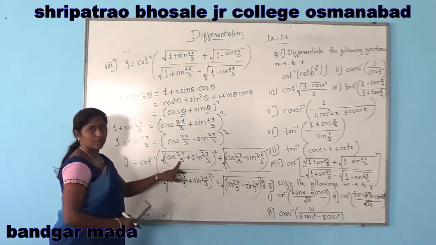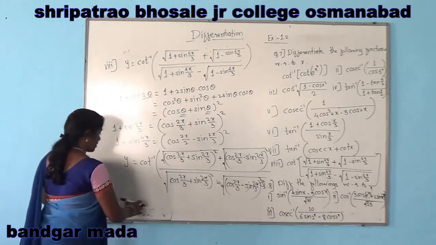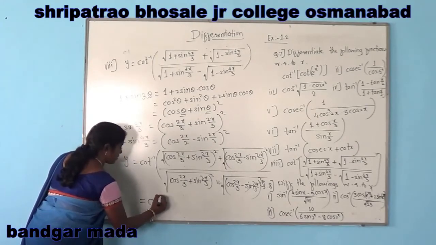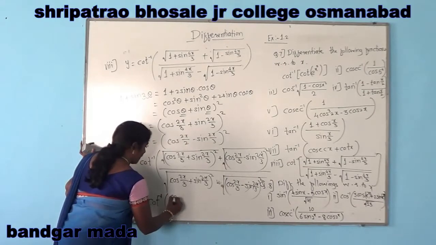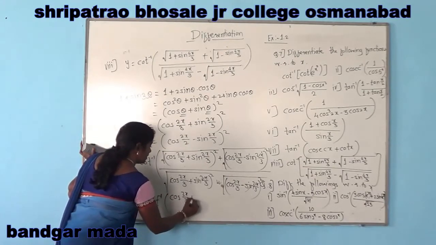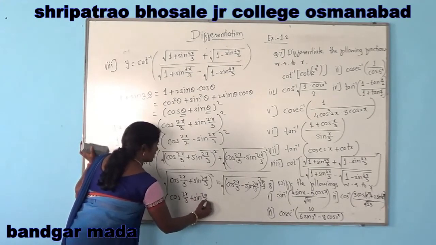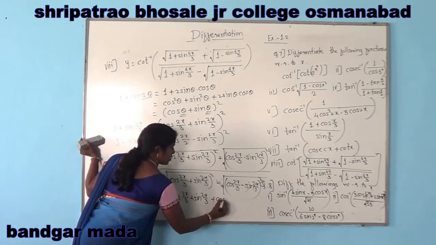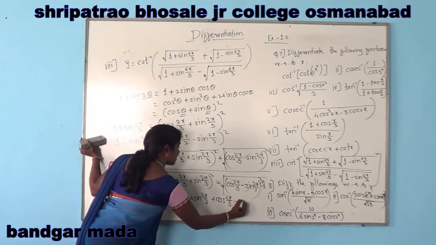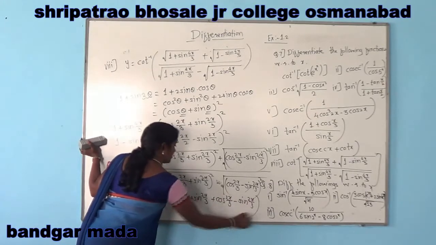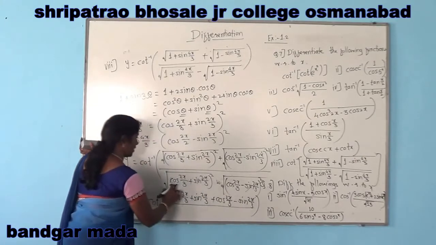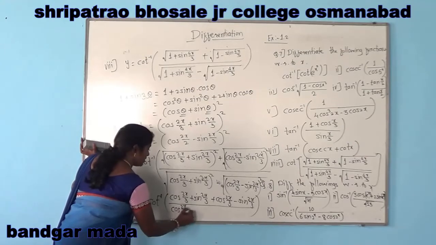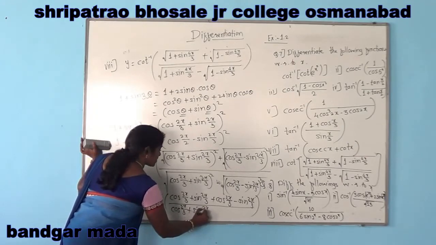Where the square and square root cancel, and we get y is equal to cot inverse of (cos 2x/3 + sin 2x/3 plus, again the square root cancels, cos 2x/3 − sin 2x/3) whole divided by, again square and square root cancel, cos 2x/3 + sin 2x/3.